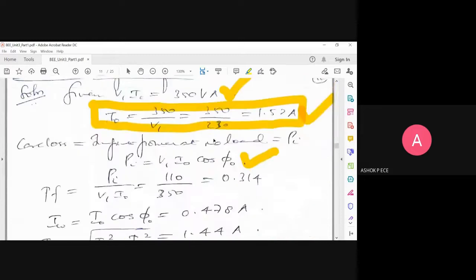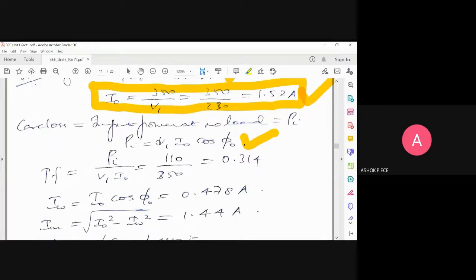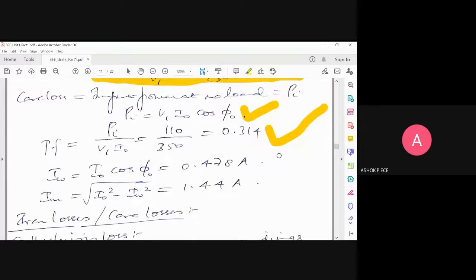Core loss is given as 110, so you will be using V1 I naught cos phi naught equal to 110. From this you can find cos phi naught. Cos phi naught equal to 110 by V1 into I naught. So you get power factor cos phi naught as 0.314. Knowing cos phi naught, I can find the two currents, core loss current and magnetizing current.